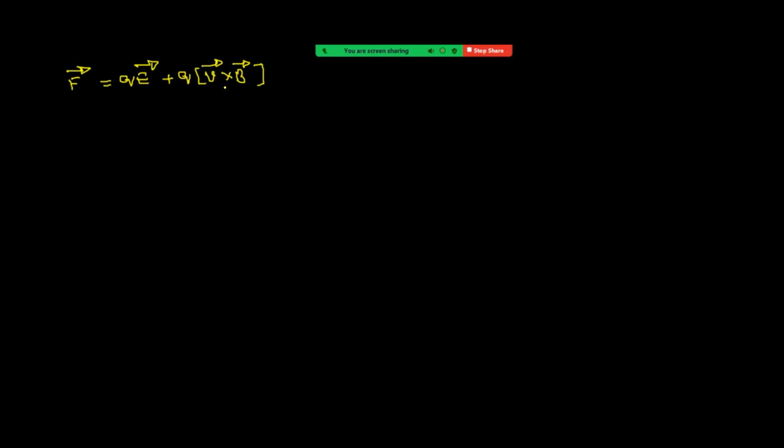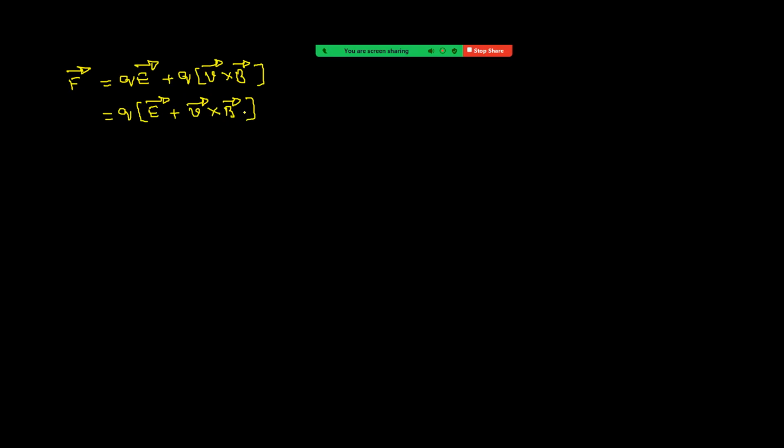That means now we have to consider sum of these two vectors. Or I can take it as, taking Q outside, E bar plus V bar cross B bar. So this is now force acting on the charged particle.